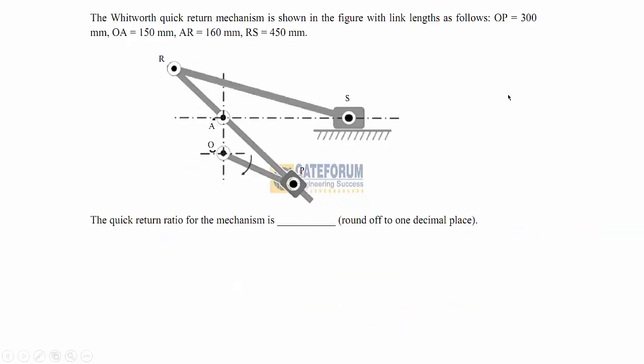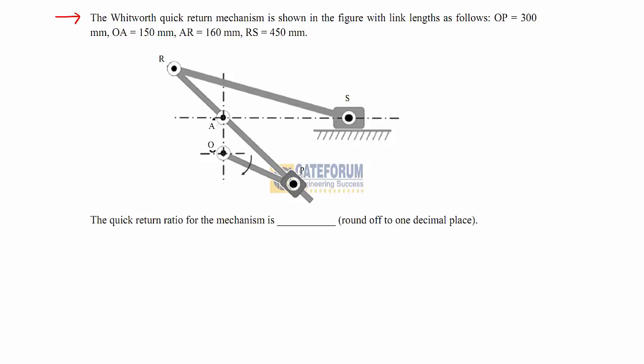This question is from the topic theory of machines, subtopic mechanisms. Here it is asking us to calculate the quick return ratio for the Whitworth mechanism. Most of the time the frequently asked question was the crank slotted lever mechanism, but this time it has changed the trend.